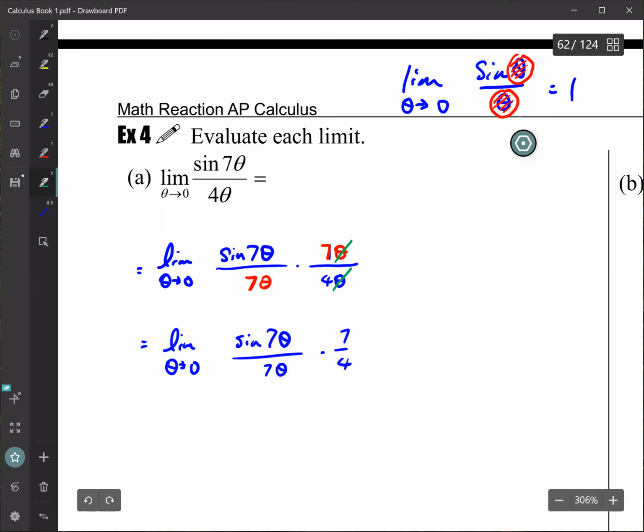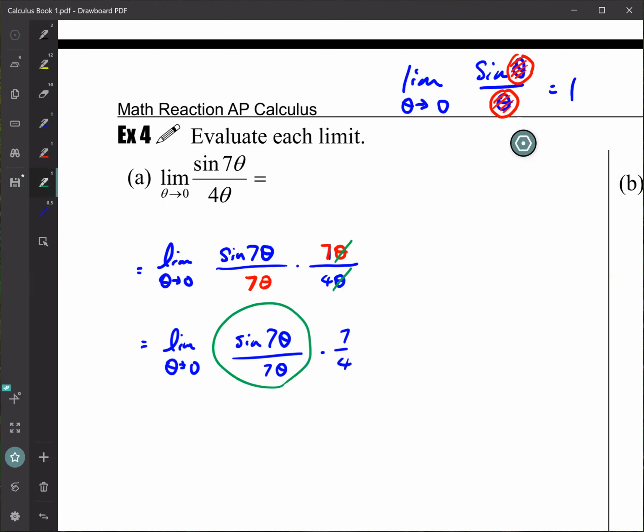Now this part you can use identity number 1, because now the angles are the same. They both approach 0 at the same rate. When the angles are small, they are equal to each other. So you just write equals 1 times 7 over 4. So the answer is 7 over 4.